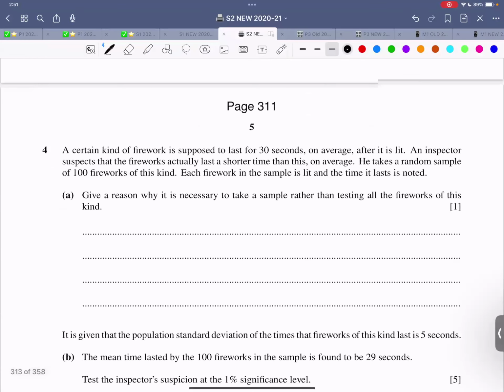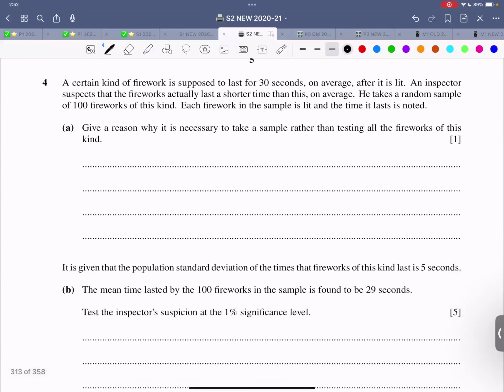Question number 4. It says a certain kind of firework is supposed to last for 30 seconds on average after it's lit. An inspector suspects that the fireworks actually last a shorter time than this on average.